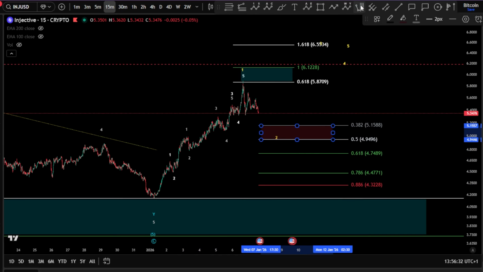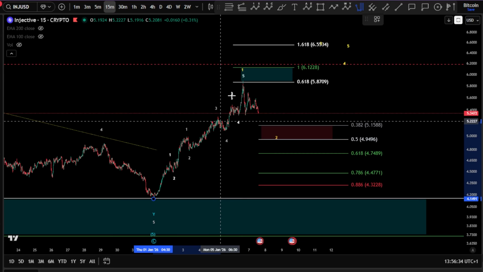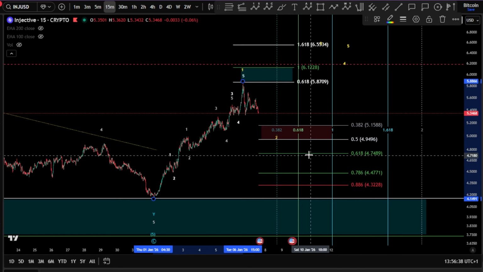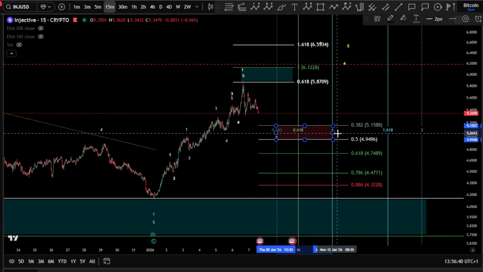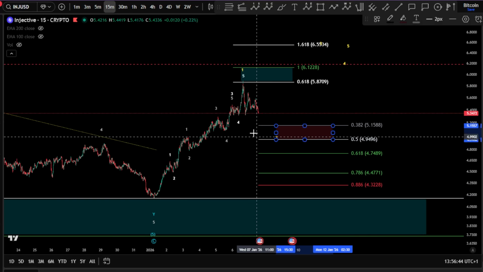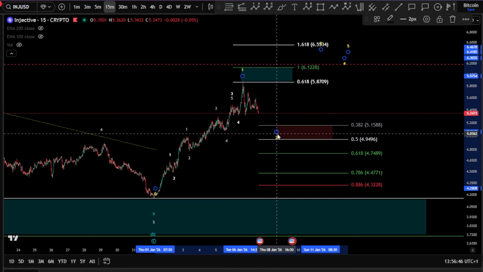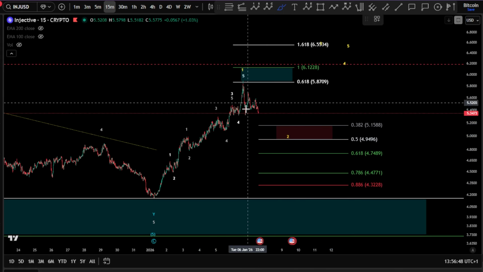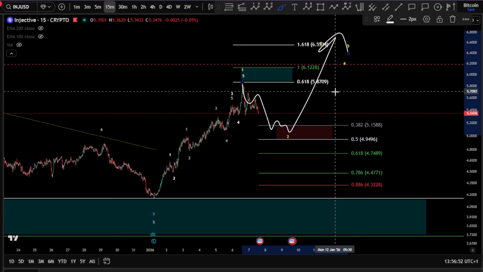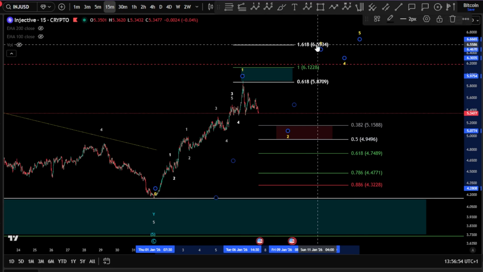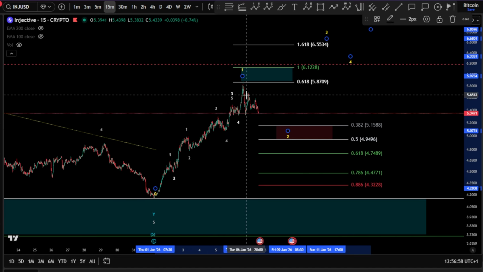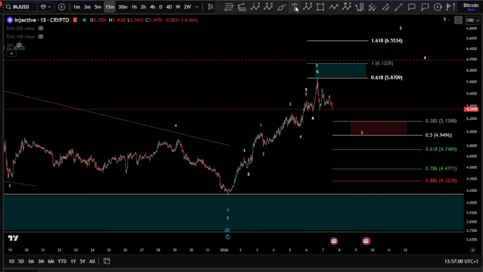Wave 2 might take a little bit more time than this, so the wave 2 timing is between 0.38 and the 1-to-1 fib time there. So we still need to drop down here. We still need to see some lower prices for a wave two to unfold before we push higher again.